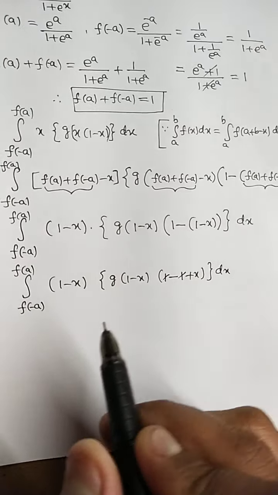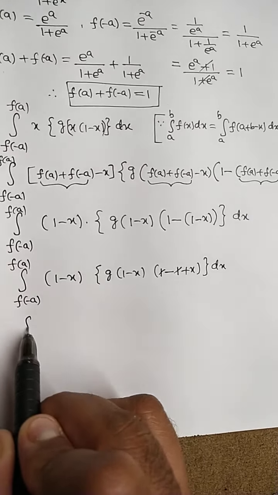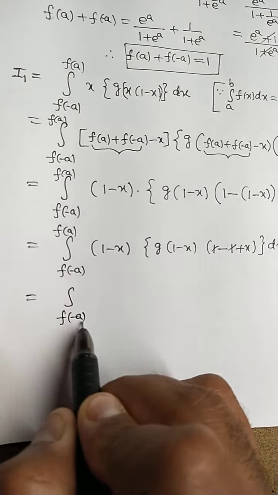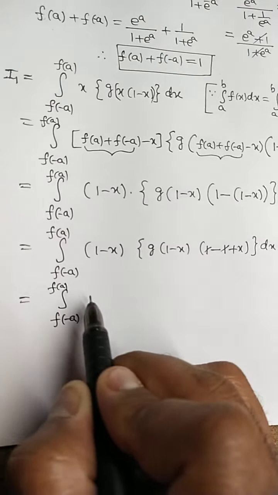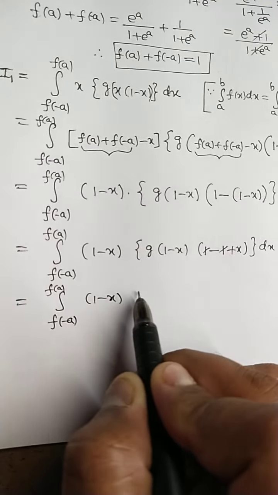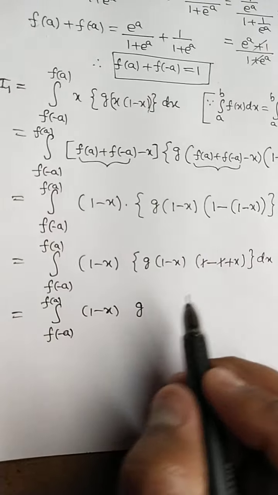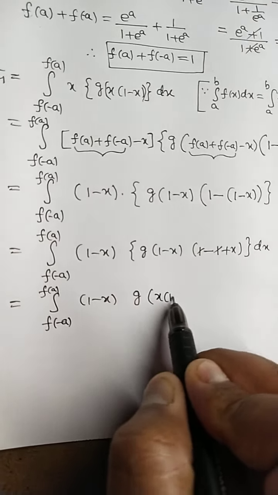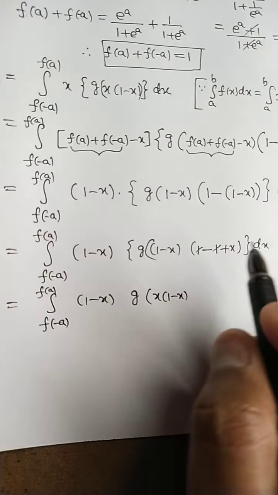Plus 1 minus 1 get cancelled, which is equal to the integral from f of minus a to f of a of 1 minus x into g of x into 1 minus x into 1 minus x.